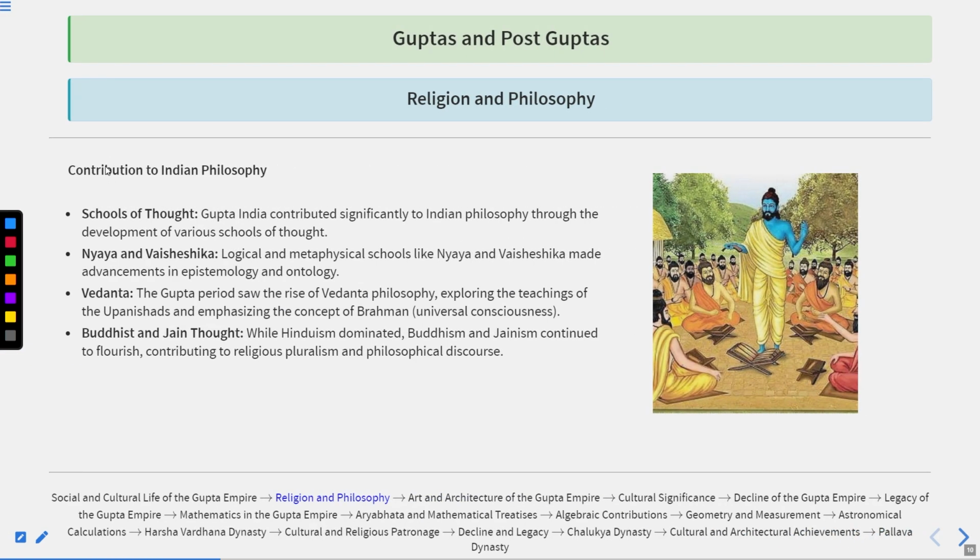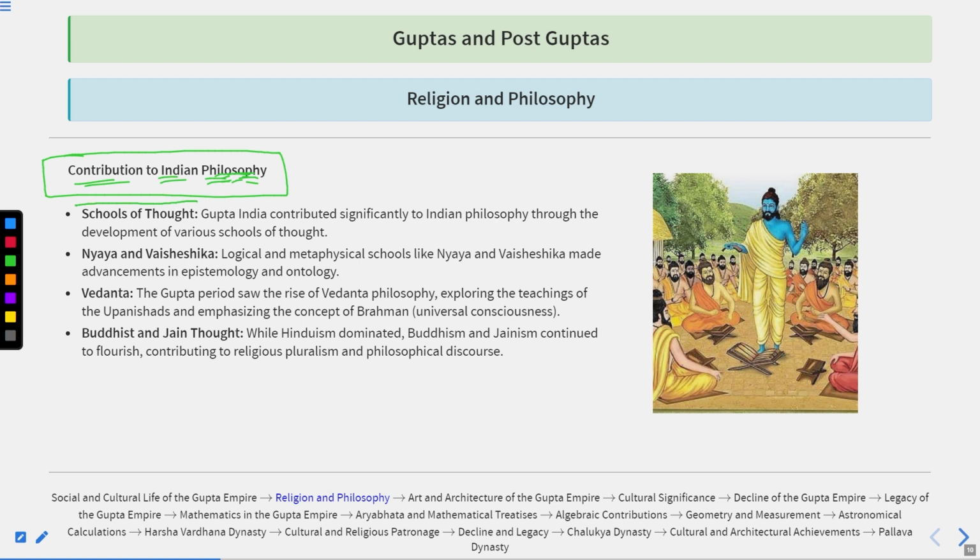Thereafter, the contribution to Indian philosophy. What was the contribution of the Gupta Empire to Indian philosophy? In the previous lecture, we talked about this being known as the golden age of Indian history, right?